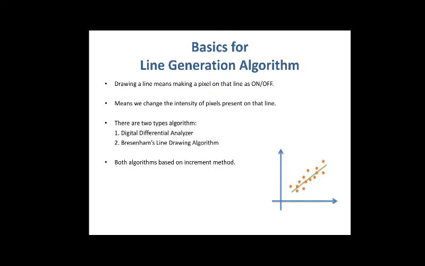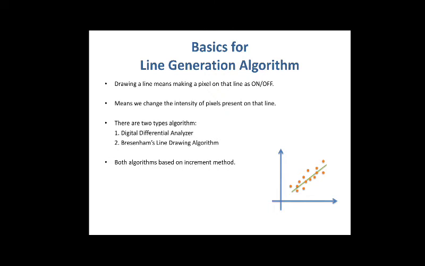Whenever I say I have to draw a line, it means we are turning pixels on and off on that particular line. I have told you this in the first lecture also. It is nothing but changing the intensity.